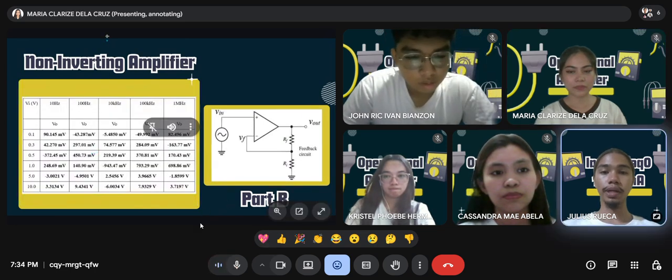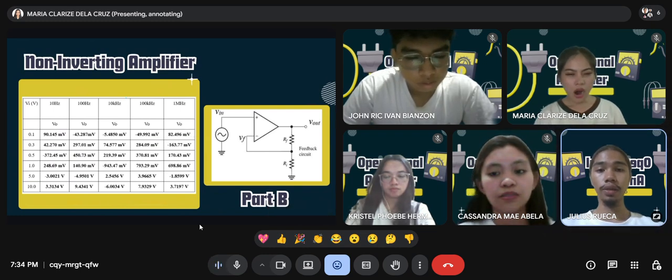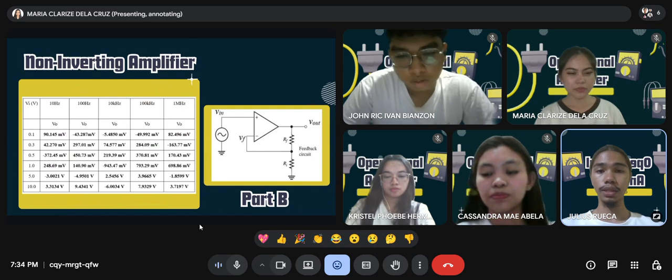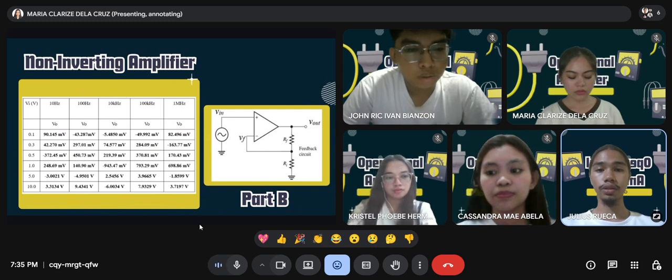Then for part B, we evaluate the voltage follower configuration, which operates as a unity gain buffer where the output signal directly mirrors the input voltage. Our experiment results validate this behavior, demonstrating high stability of voltage gain.